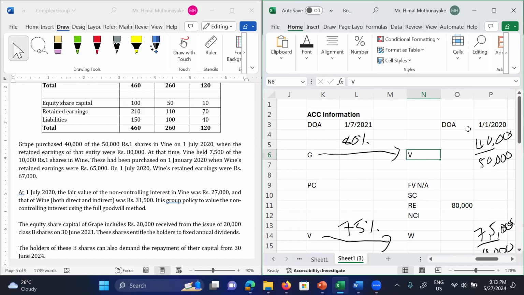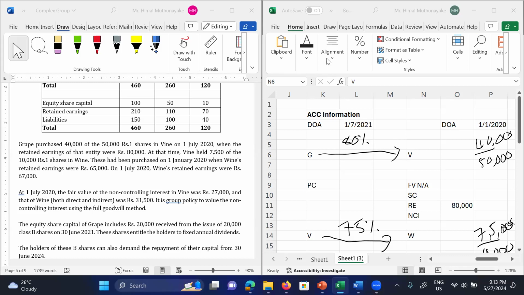So what is the acquisition date we are using to calculate the goodwill? Is it 1st January 2020 or 1st July 2021? Yes, sorry, 1st July 2021. It should be 1st July 2021, right?